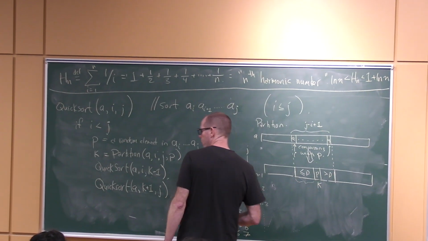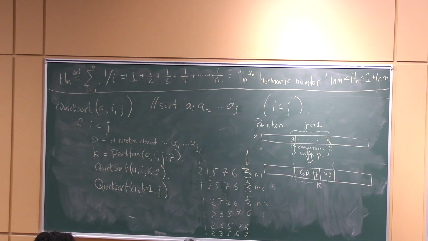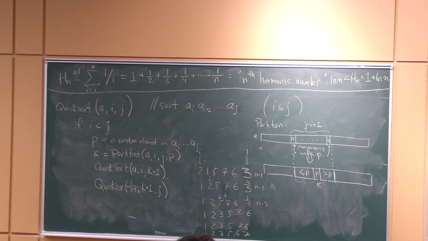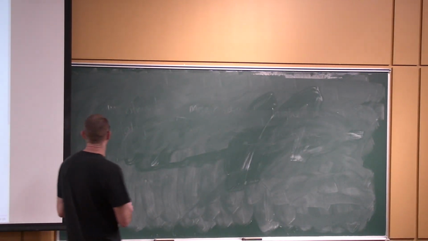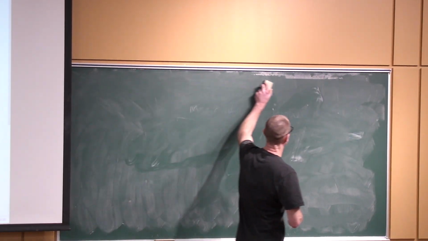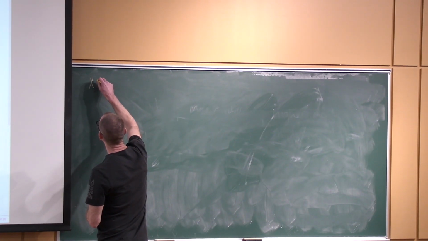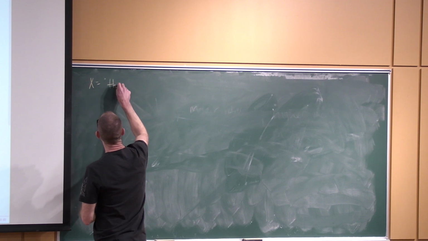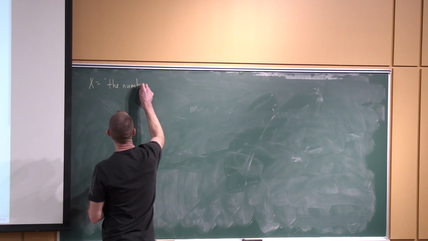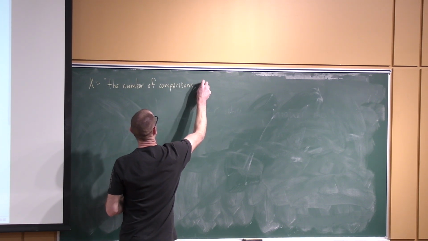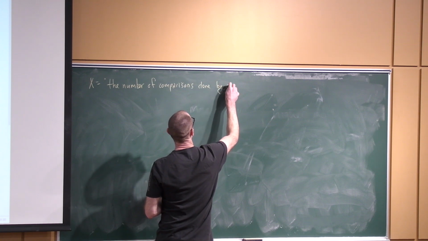All right, so how should we proceed from here? Well, we're trying to count something very specific. So let's make sure we've defined everything really carefully. Let's say X is equal to the number of comparisons done by quicksort.